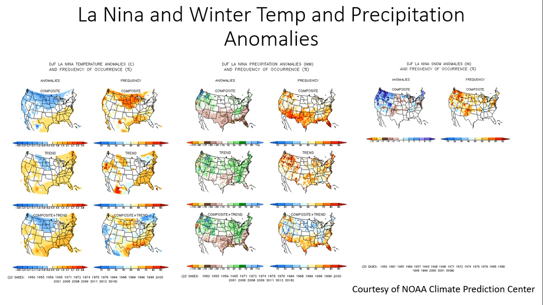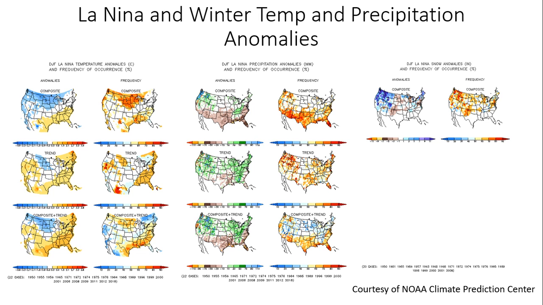Now these are the La Nina and winter temperature and precipitation anomalies. I got 3 different rows I'm showing you in this graphic. This is, by the way, courtesy of NOAA Climate Prediction Center. The row of maps on the left shows December, January, and February La Nina temperature anomalies in degrees Celsius and their frequency of occurrence.